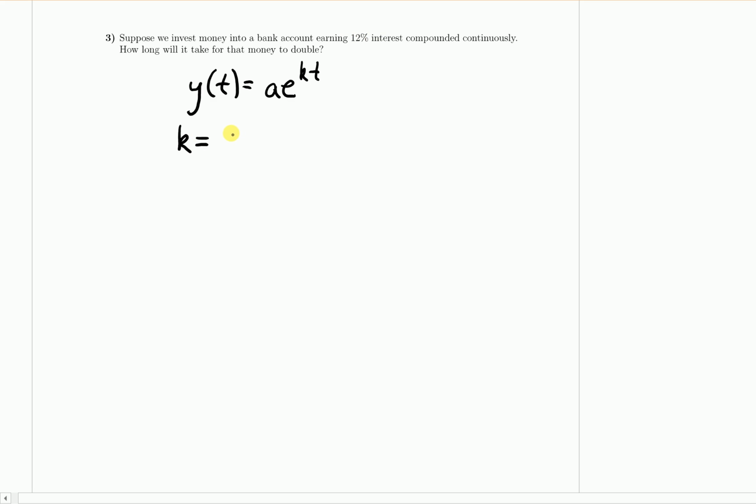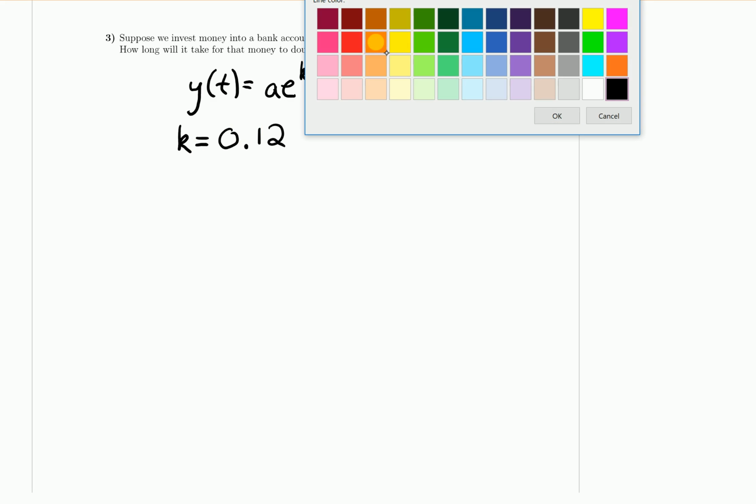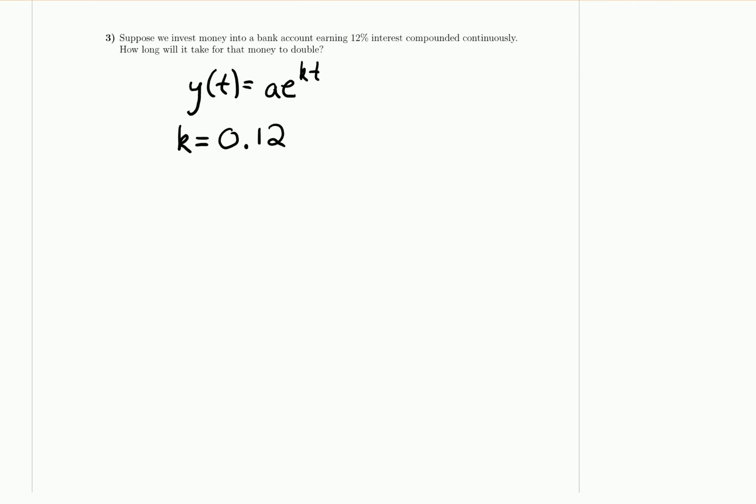So as a decimal, that's 0.12. Okay, so we know what k is. But unlike with the last question, we don't know the initial amount that's deposited into the bank account. Okay, but the question is, how long will it take for the money that we invest to double?